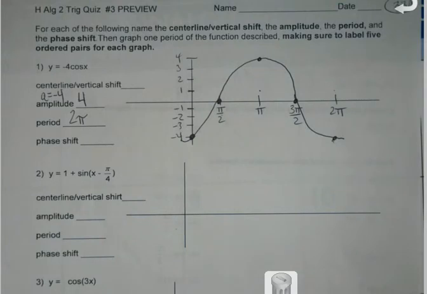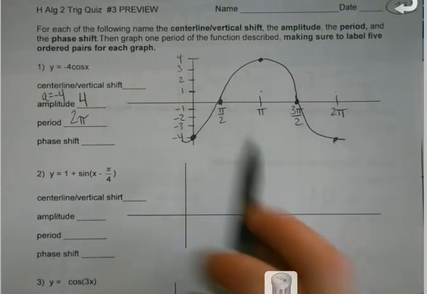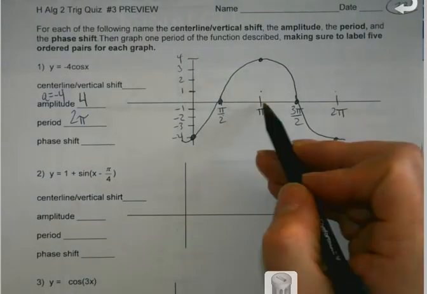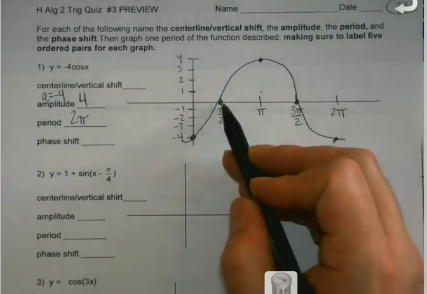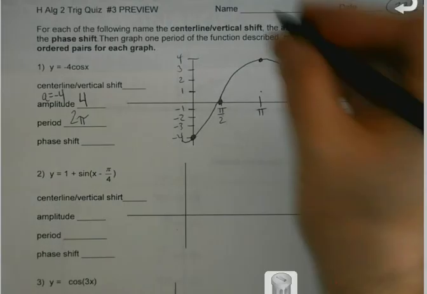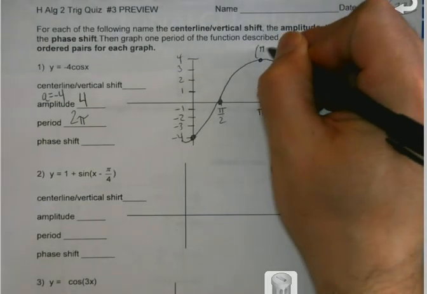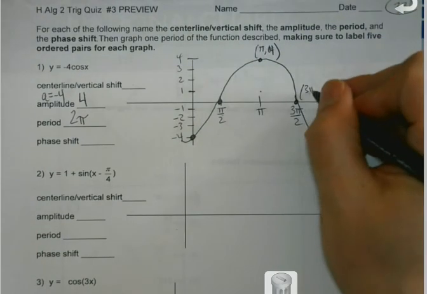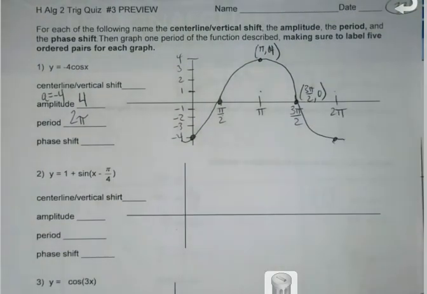As long as I can look at this easily and say that's pi over 2, 0, that's 0, -4, I can tell. But if you're going to go into sketch mode and I'm seeing random dots in places, that's when I want you to really specify where it's at, something like pi over 4 or 3 pi over 2, 0. It needs to be very easy to tell where your points are.